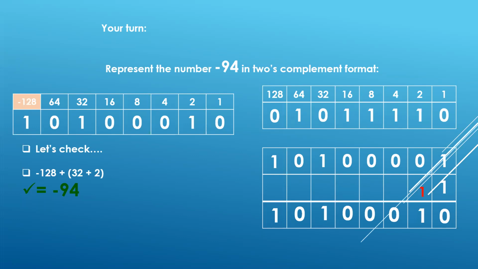Remember, very simple thing. Whenever you get a positive number, for example, assume that the number was plus 120. The thing that you were supposed to find the value of, and the mentioned name was two's complement, you will simply find out the binary of the normal number. Like you will just do it the way you have been doing since the beginning, converting a decimal number to a binary number.